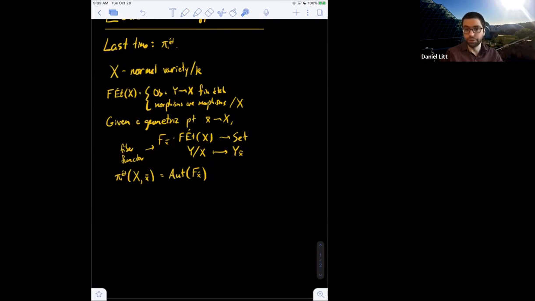I claimed that there was a comparison theorem, in the case of varieties over the complex numbers, to the profinite completion of the usual topological fundamental group, and I'll explain why that's true today. And then I also gave you an example in characteristic p. I began the sketch of the fact that the fundamental group of the affine line over a field of characteristic p is not topologically finitely generated, and today I'm going to finish the proof of that.